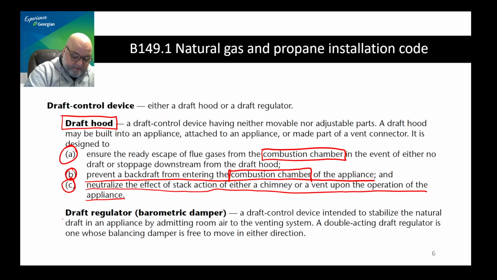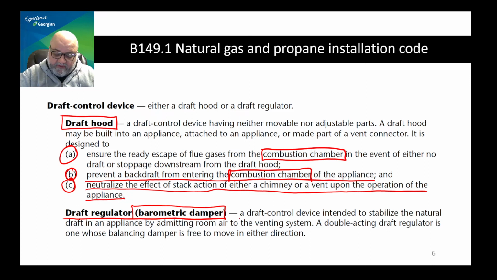And the draft regulator is different. Barometric damper, that's a very nice fancy name, barometric damper. We're going to see what it is. The main difference is that a barometric damper has a movable part, a part that can be adjusted to the load.